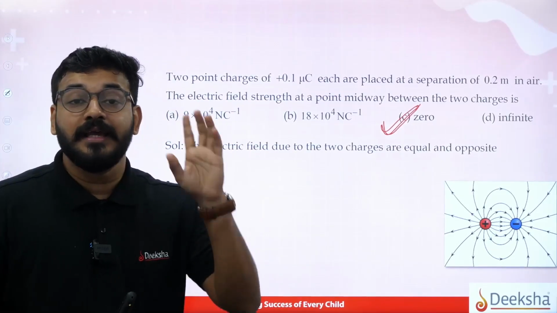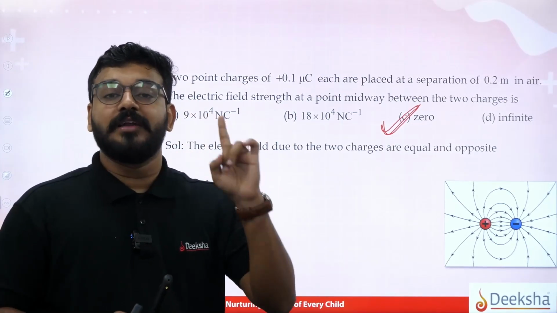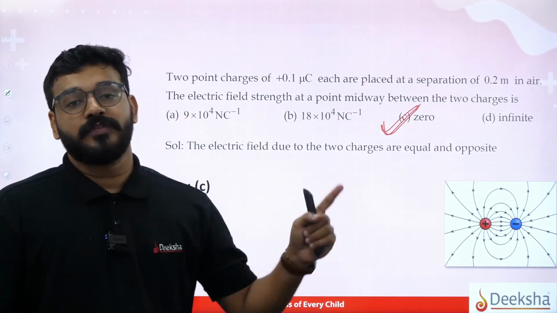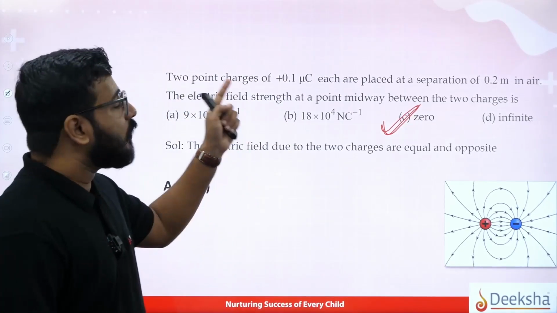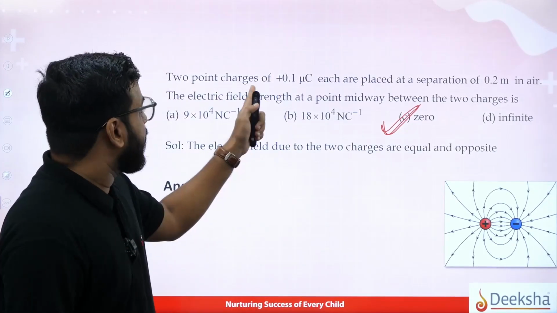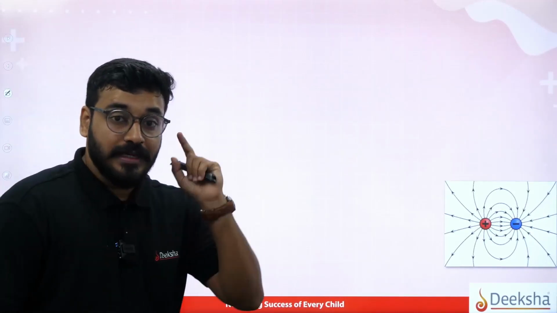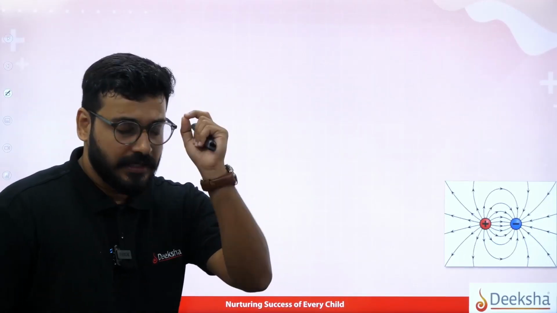I have said again, the point where the net electric field will be 0 depends on the value of the charges and their nature, and they are both positive, each positive 0.1, 0.1. Here I will tell you an important trick, always remember it. Keep it in your mind.